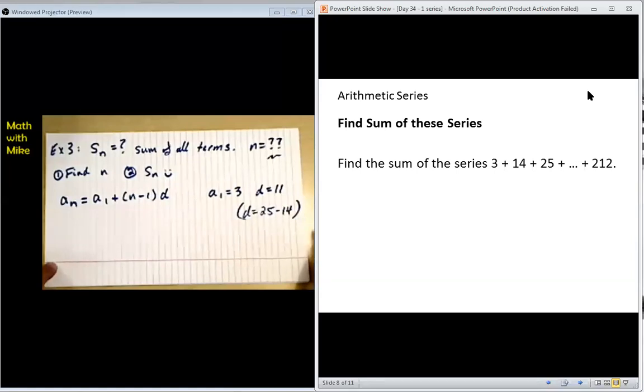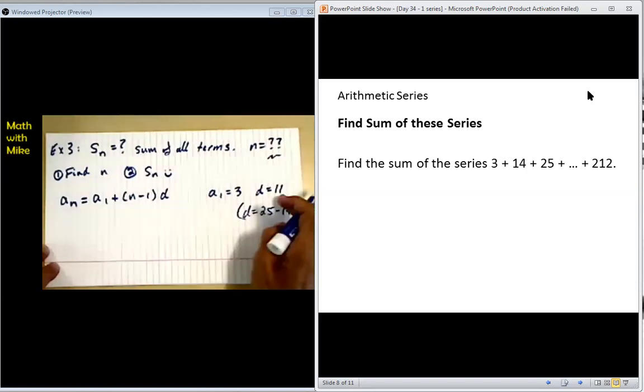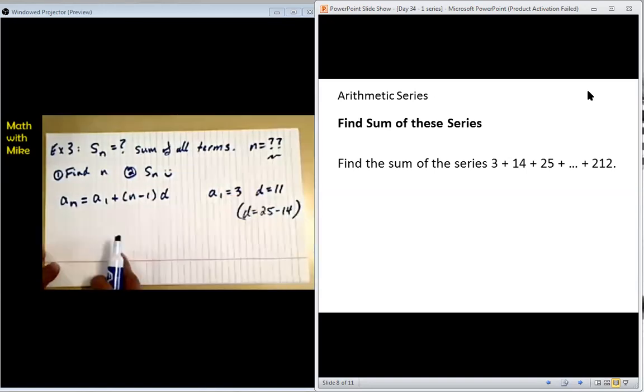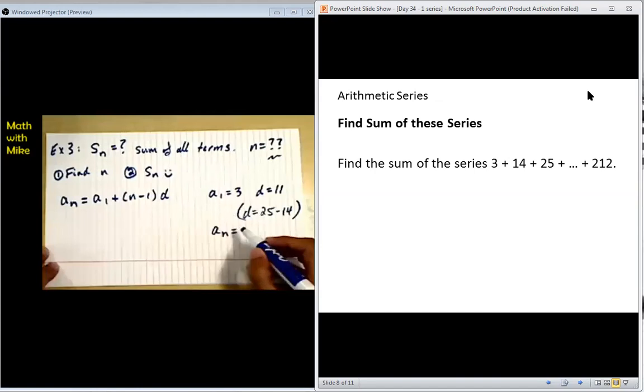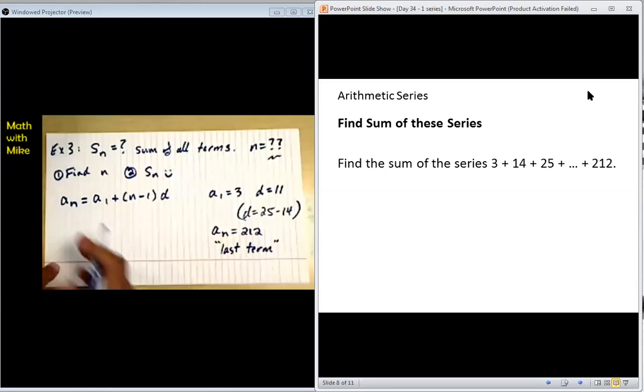Okay, good. So we got 11 there. And this AN is the last term we see on our series, 212. So we don't know the N for it, but we know the last term. Not always, but sometimes this is the meaning for it. AN, the last term, is 212.